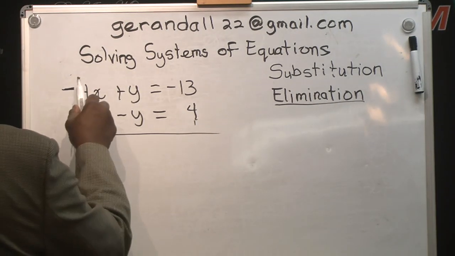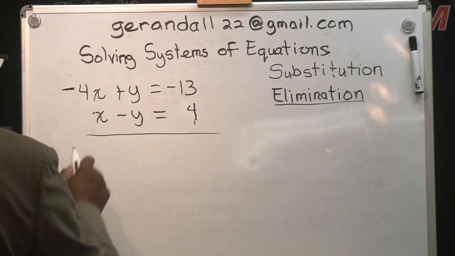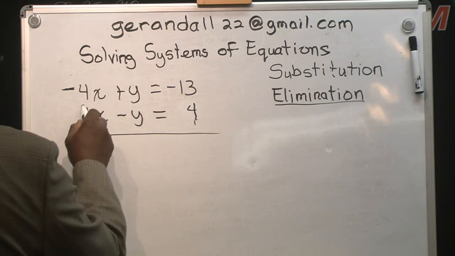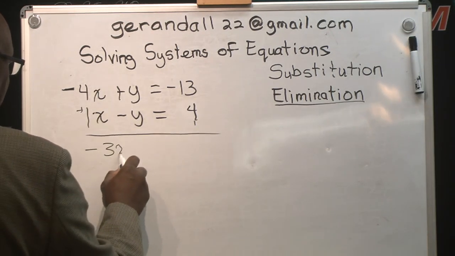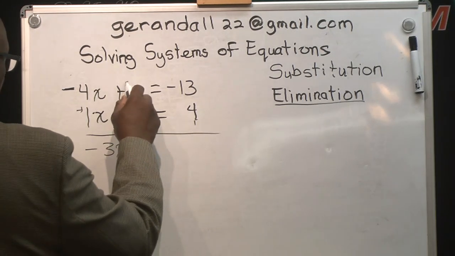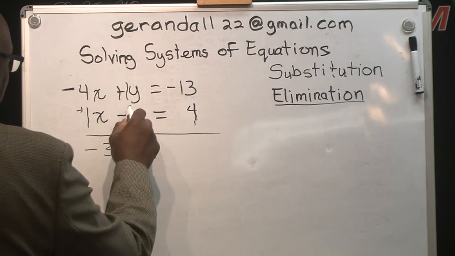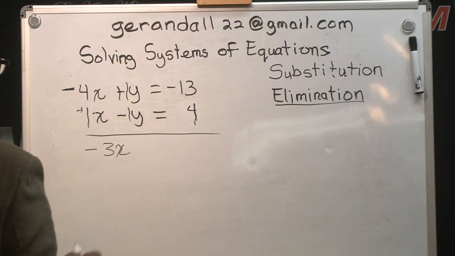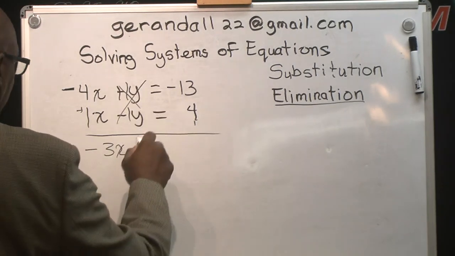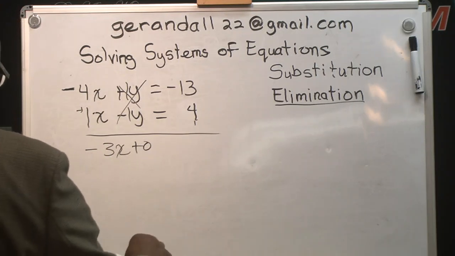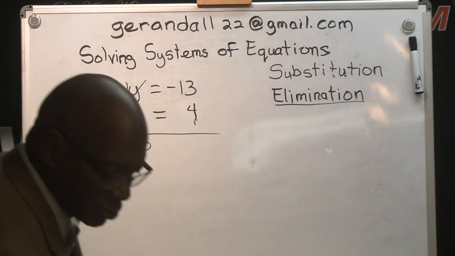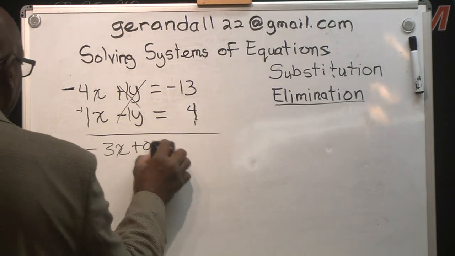You have to trust me on that. So let's look at this. We have a minus 4x and a plus 1x. And when we add down, we get a minus 3x. What happens here? We have a plus 1 and a minus 1. Those cancel each other out, or it's plus 0, correct? So we just cancel that out.